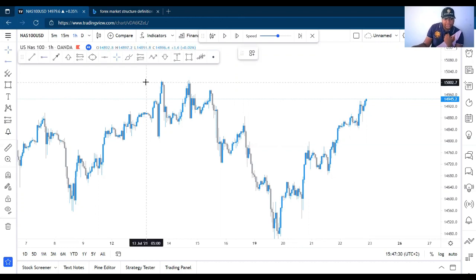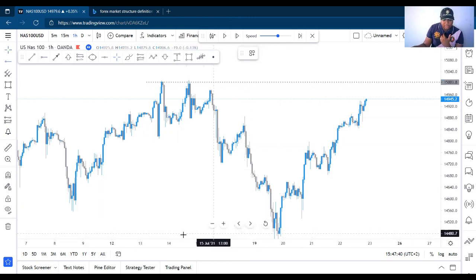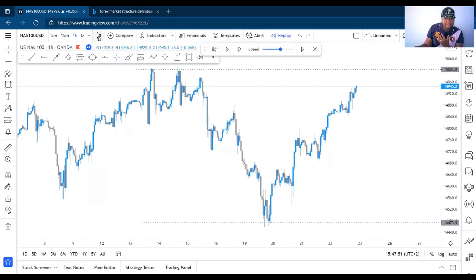The best way I like to do this is to take the highest point. We can definitely see in this range, this is the highest point. Secondly, I like to take the lowest point, and it creates that whole room of support and resistance. But if you cannot identify it with candlesticks, let me go back and delete that.